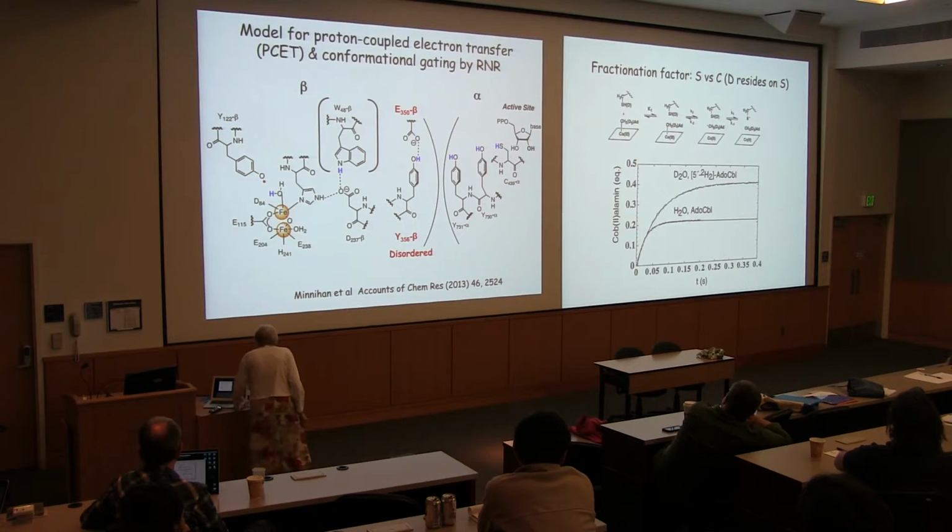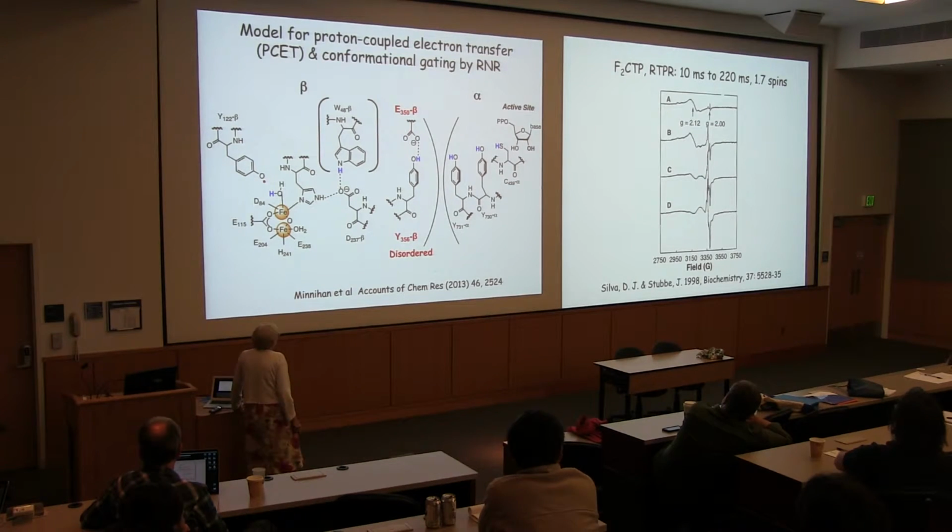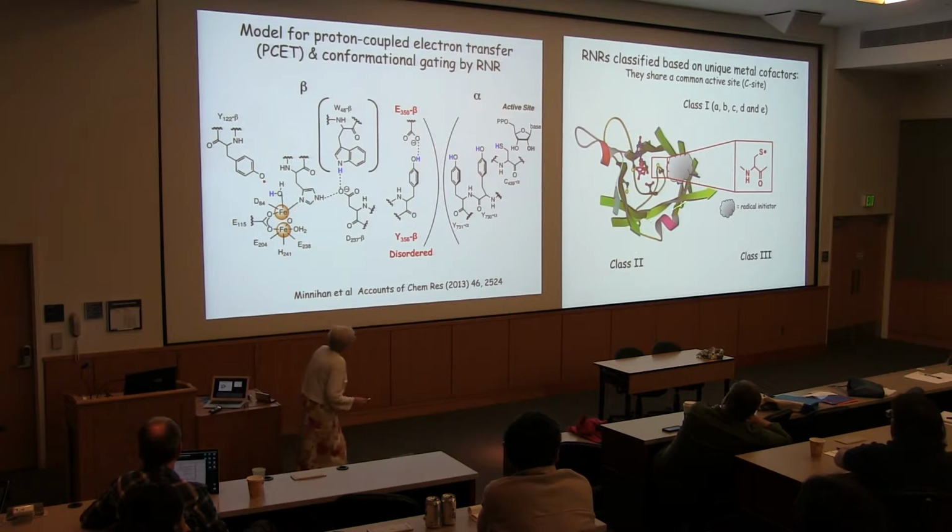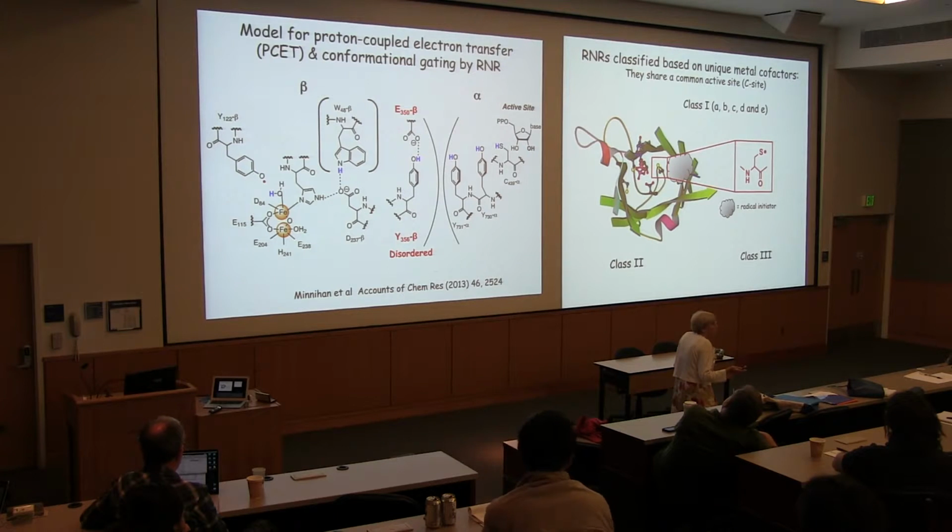Okay, so, all right, I'm gonna skip that. So we studied that reaction in a lot of detail. I don't have time to go over it in detail, but how does it relate? How does that observation relate to all ribonucleotide reductases? So I went back to the structure I showed you in the very beginning. All ribonucleotide reductases have the same active site.